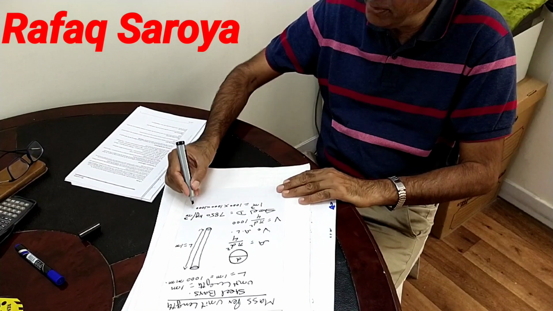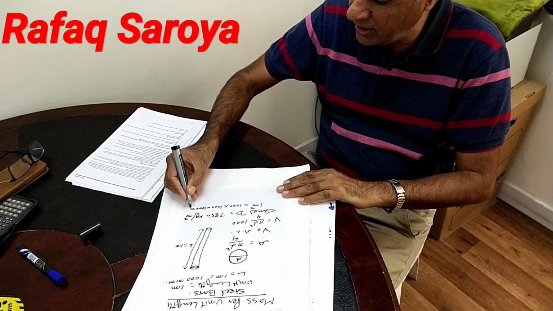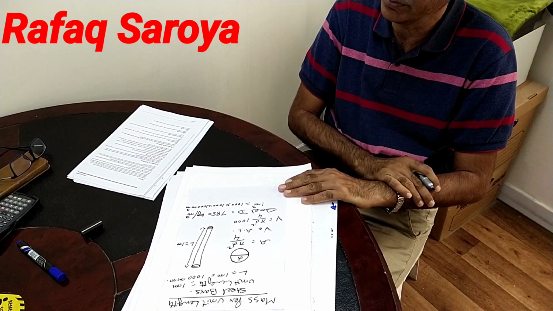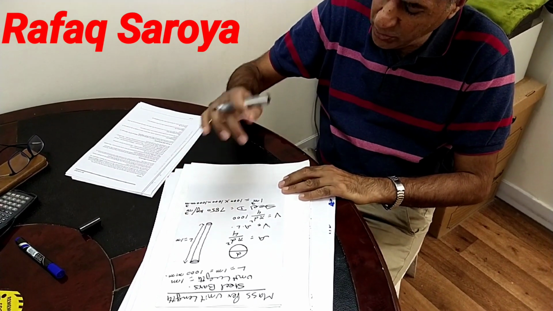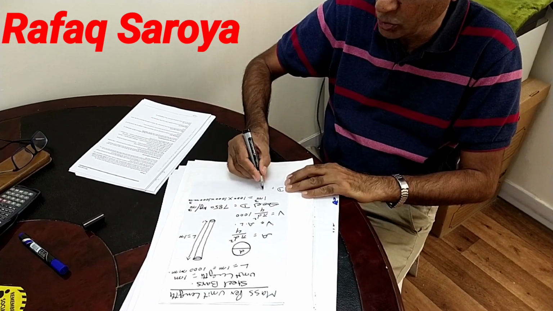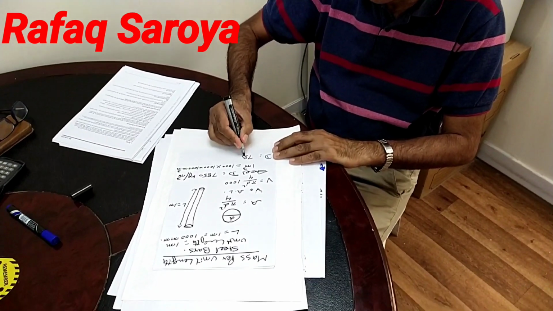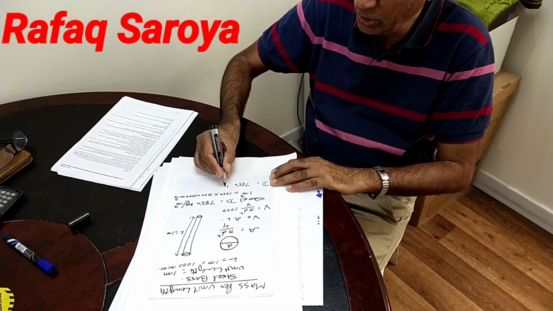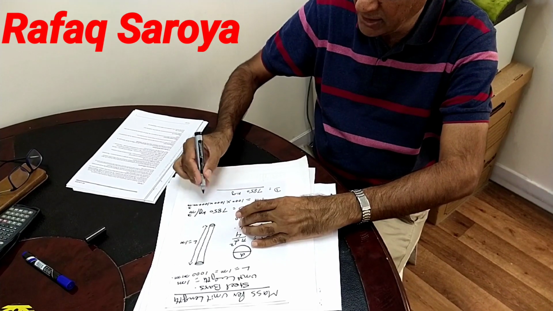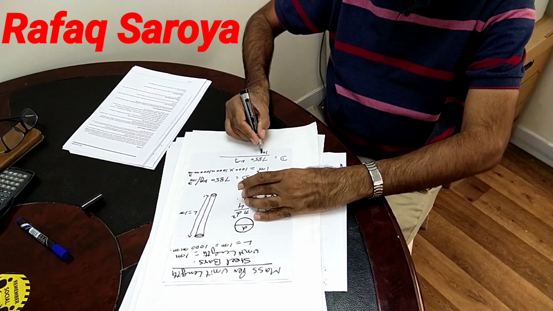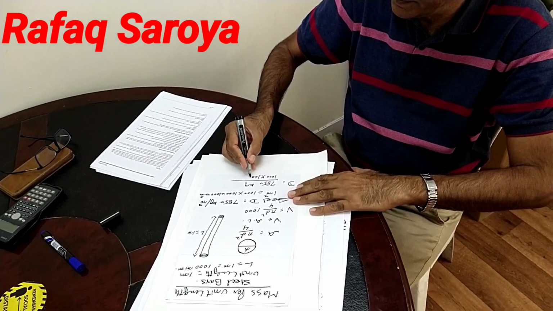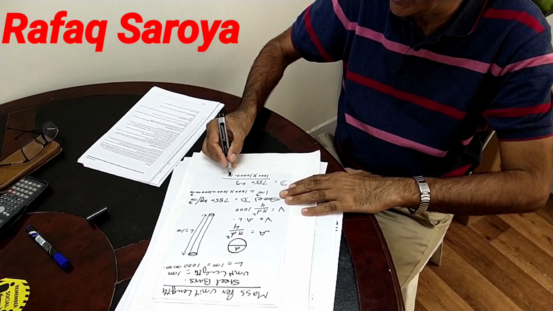In this way 1 meter cube will be converted into millimeter cube. If I put this value in the above expression, the density comes out to be 7850 kilogram divided by 1000 multiplied by 1000 and multiplied by 1000.